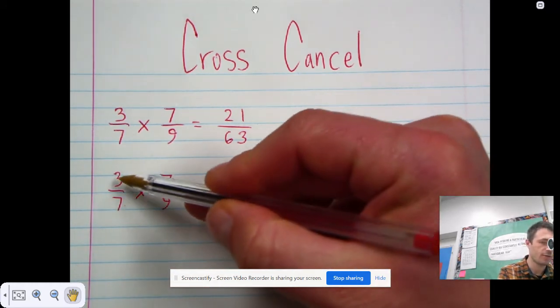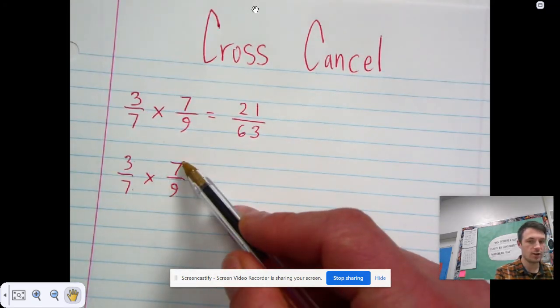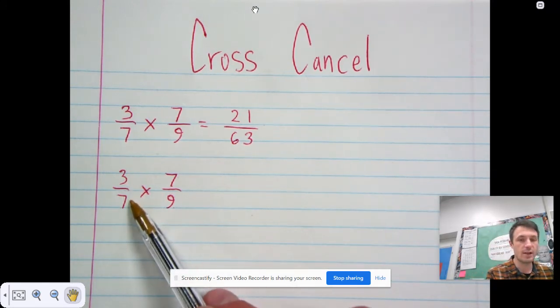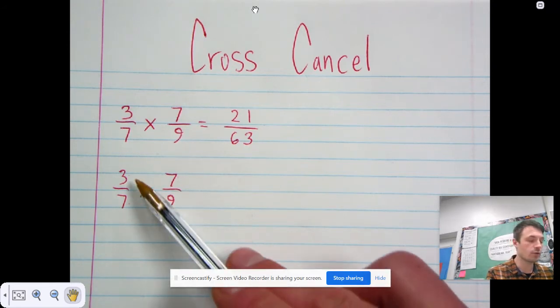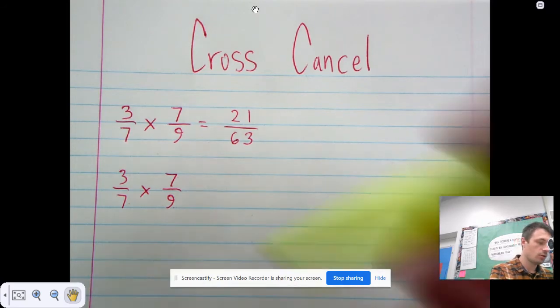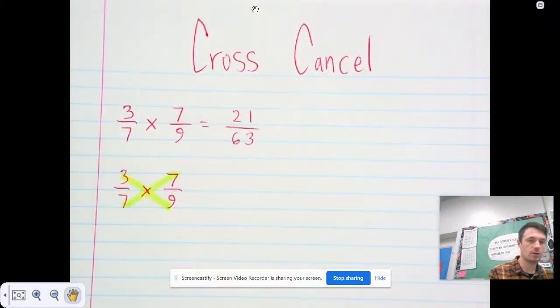No, you simplify from here to here and from here to here. That's why it's called cross-canceling. So you don't find the greatest common factor for 3 and 7 and 7 and 9. No, you find the greatest common factor for 3 and 9. You go this way, 3 and 9, and for 7 and 7.